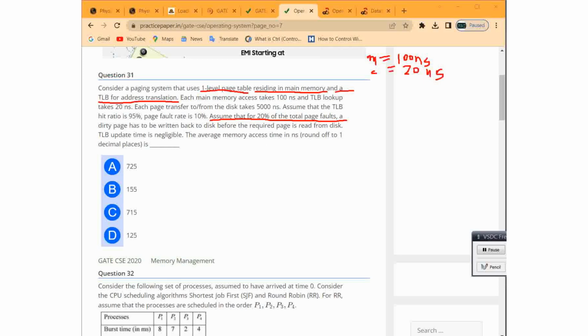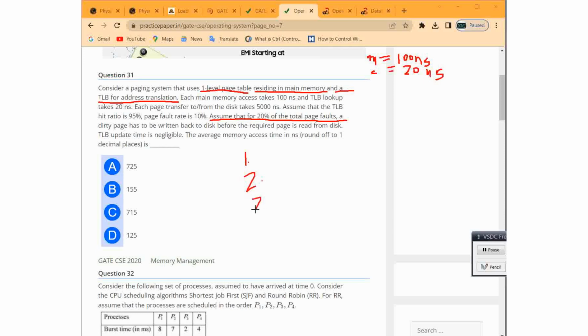So guys, now we will start the calculation. There are three conditions here. Number one, TLB hit. Number two, TLB miss and no page fault.